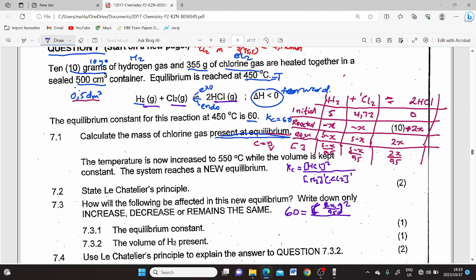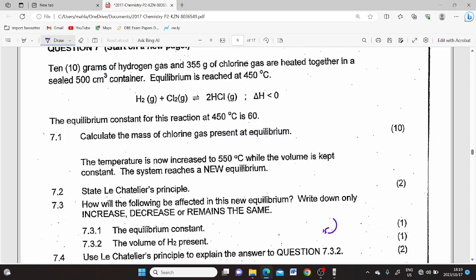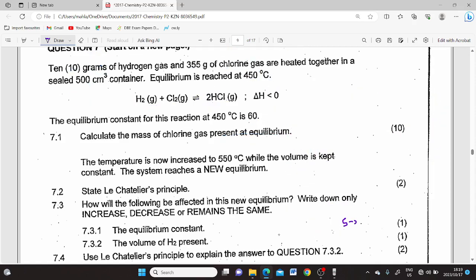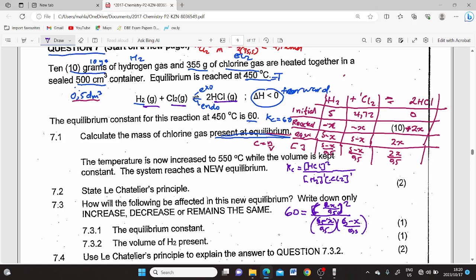And then we have 5 minus x over 0.5 multiplied by 5 minus x over 0.5. Right, when we multiply these, they are common, so let's take it right there.